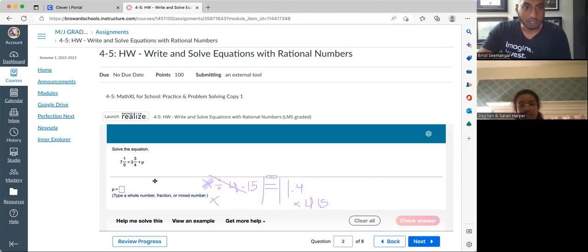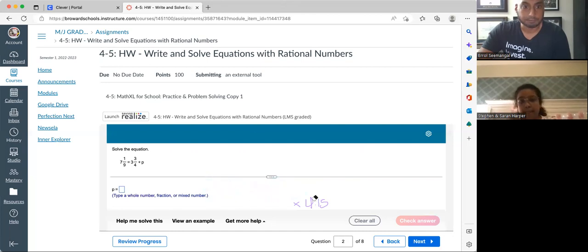And 7 and 1/9 equals 3 3/4 plus P. All right, so how do we do that one? Hold on, I have to go to the annotate thing. Use the eraser first. Okay, so we have something like this.